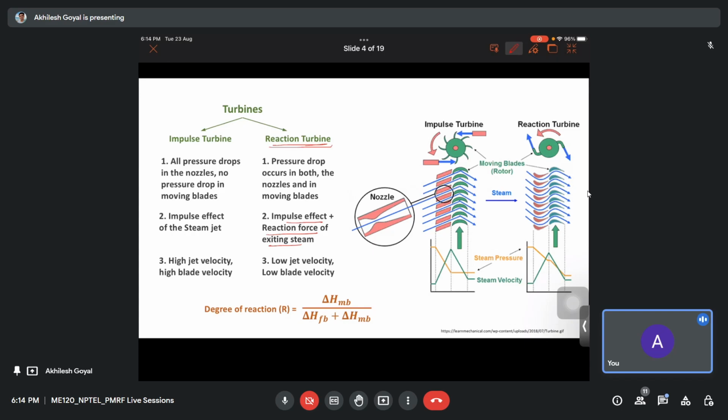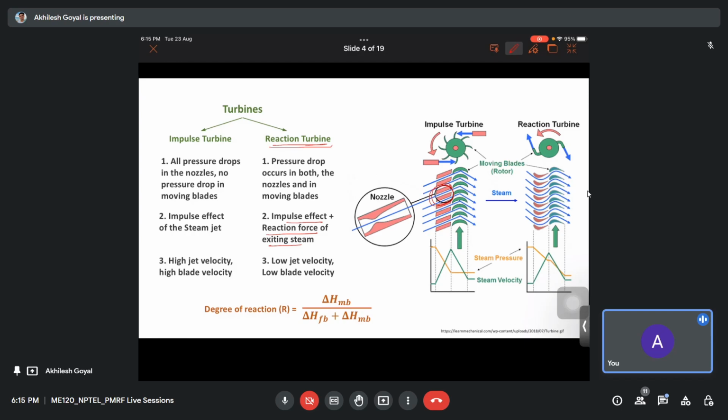So here in the figures you can also see, in the first figure under the impulse turbine, only the steam is going through the nozzles, and in the graph the yellow line shows the steam pressure and the green line shows the steam velocity. In the case of an impulse turbine, the pressure is dropped in the nozzles itself.